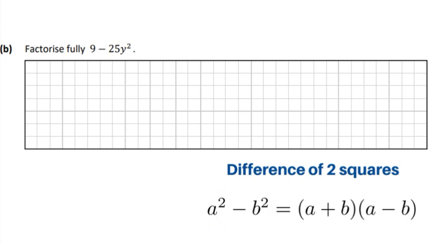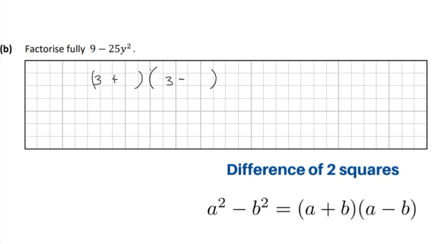You can see here we have a plus and a minus, and we have the square root of each of the outer terms. If we get the square root of 9, we get a 3. So we can set up our two brackets, a 3 plus and a 3 minus.